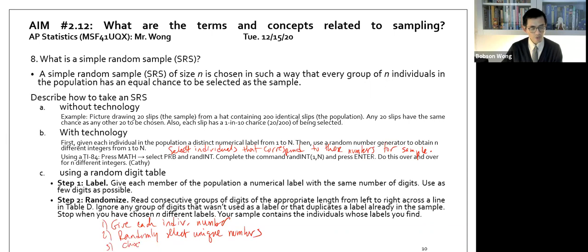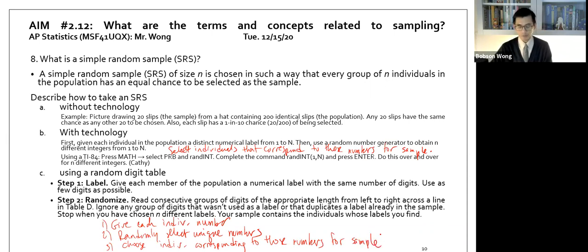Then you choose the individuals corresponding to those numbers for your sample. You need to have all 3 of these parts in your description of sampling in order to get full credit. It's not just about choosing random numbers. You have to associate each number with an individual. And then once you select those random numbers, you have to actually select those individuals that correspond to those numbers for your sample.